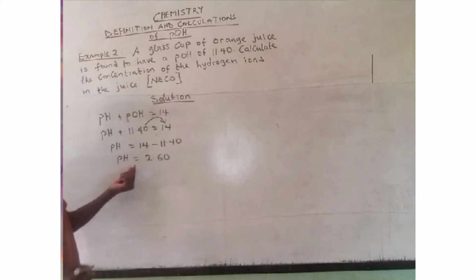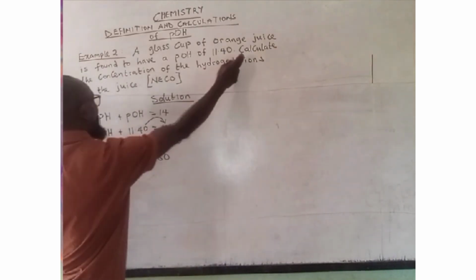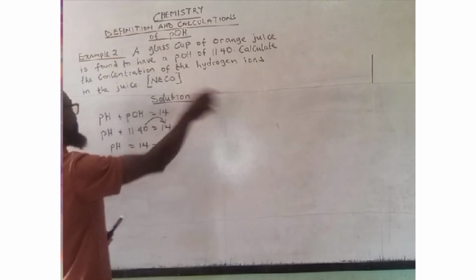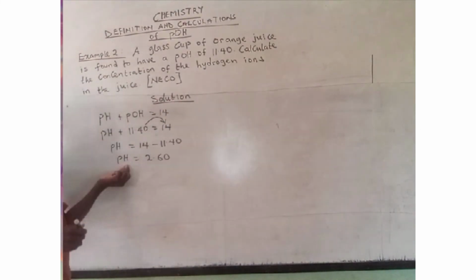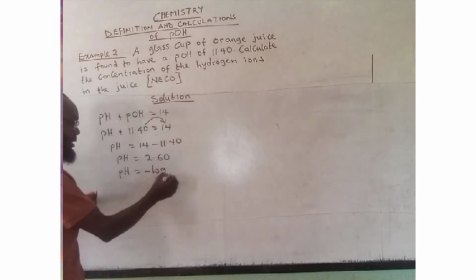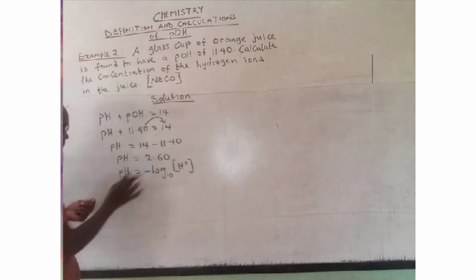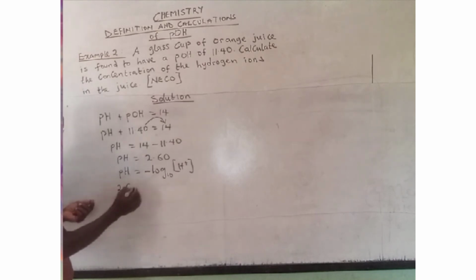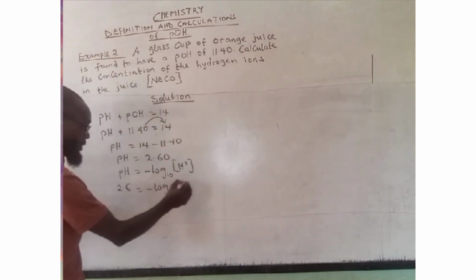Since my pH equals 2.60, and we are asked to calculate the concentration of the hydrogen ions in the juice, by using the formula for pH, pH is equal to minus log to base 10 of hydrogen ion concentration. So let's substitute: 2.6 is equal to minus log to base 10 of hydrogen ion concentration.